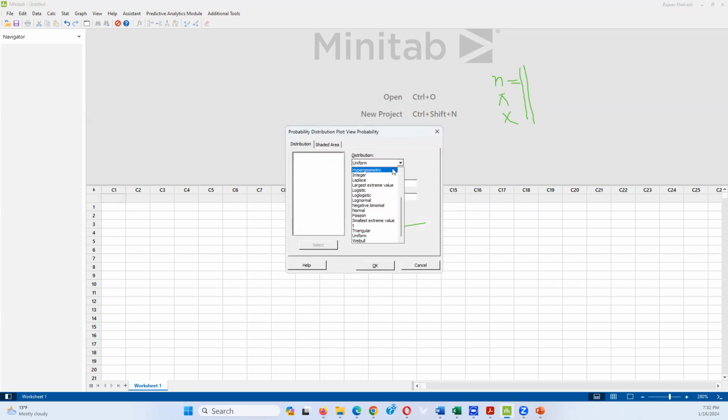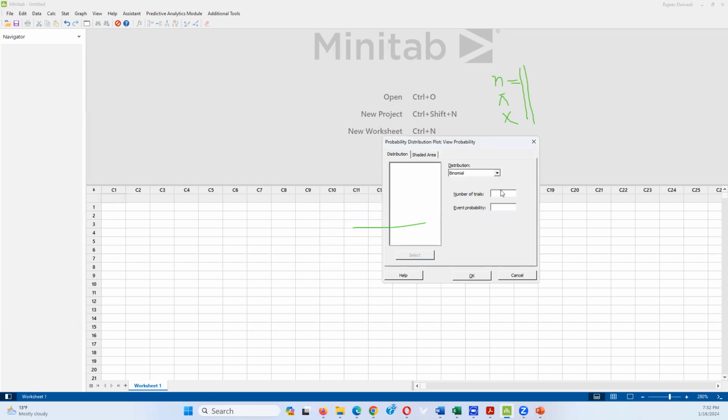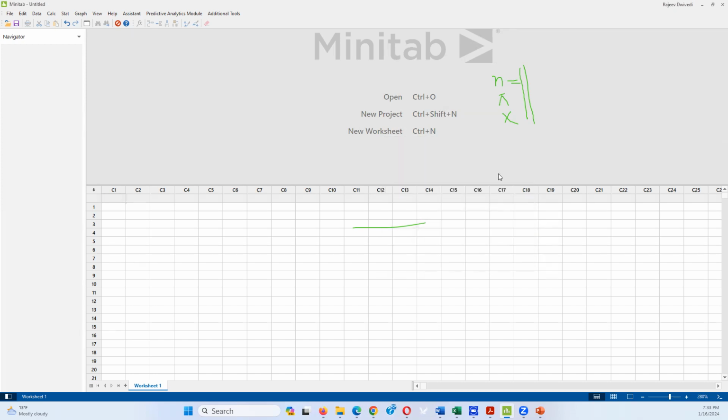Here you can select any of the distributions. Binomial is this. Here you can see number of trials, which is n. N is 12. Probability is 10%, which is 0.1. Now we need to find the value of x. I think it is asking 2.